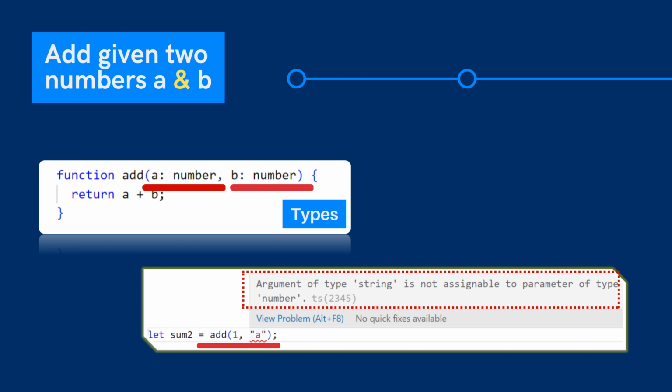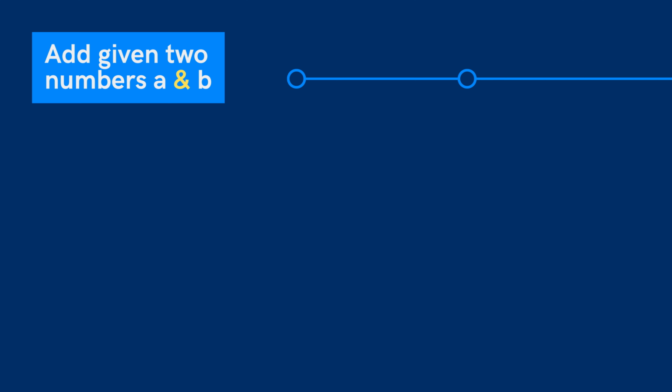So strictly here, both a and b parameters should be numbers. Otherwise, TypeScript will not allow you to pass any other types to this particular function as input parameters. This is how TypeScript will check and add types to the given parameters.